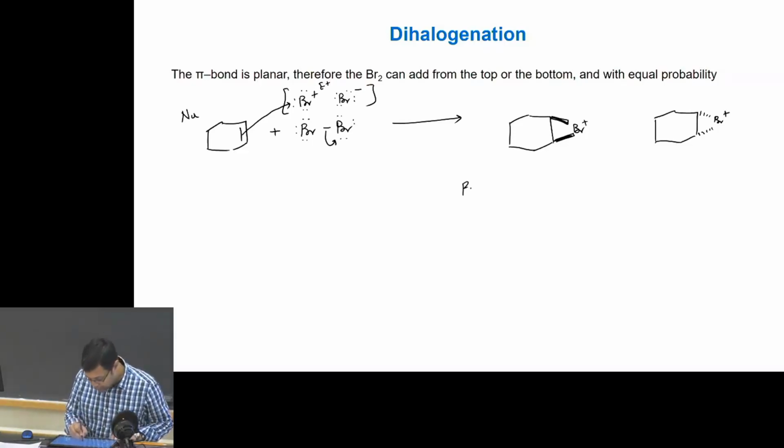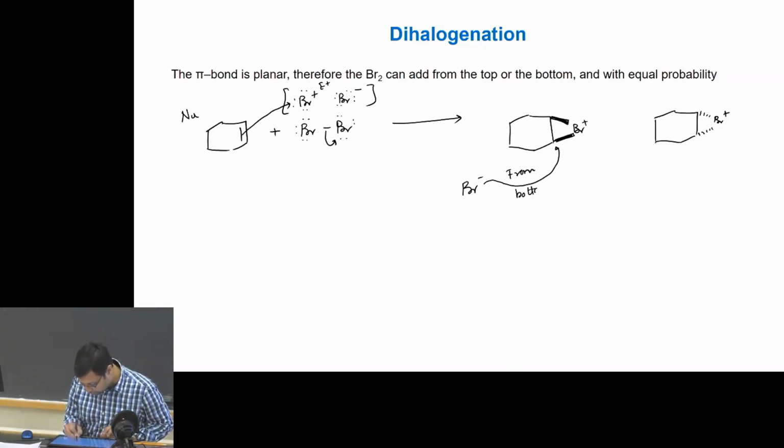The Br minus that is floating around will attack from the bottom to a cyclic bromonium ion that's on the top. This is on the top, so this attack will be from the bottom. It's attacking this carbon. The electrons in this bond will go to Br plus.